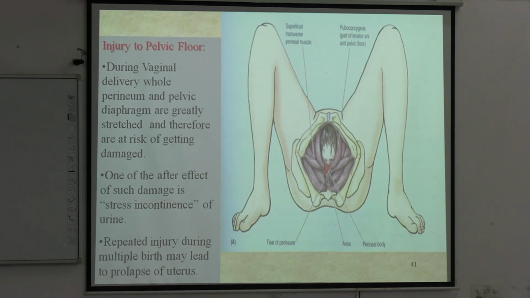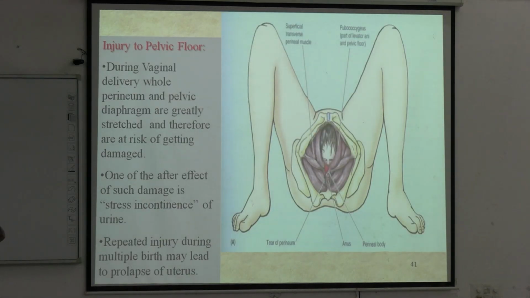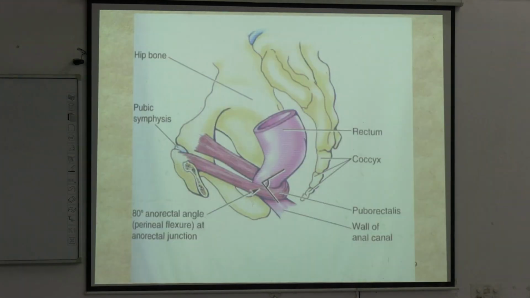We call them injuries leading to stress incontinence or any form of prolapse. These are the things we have to understand related to the pelvic diaphragm, because this is a very high yield exam question. Short note wise, revise it.